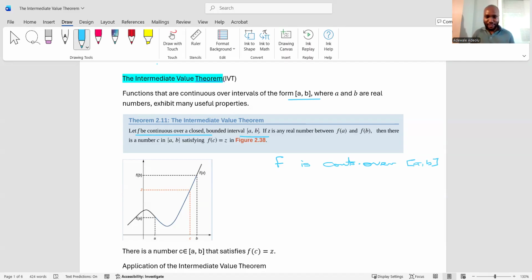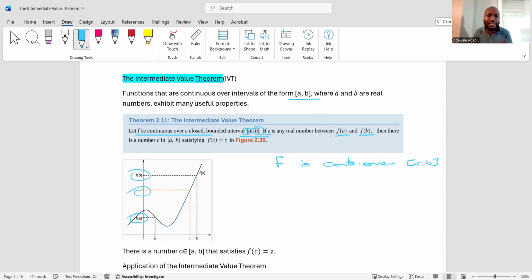If z, you can denote it using any letter, doesn't matter, is any real number between f of a and f of b, that is, the function value when you evaluate it at a and when you evaluate it at b. For example, on this graph, you have f of b here, you have f of a here.